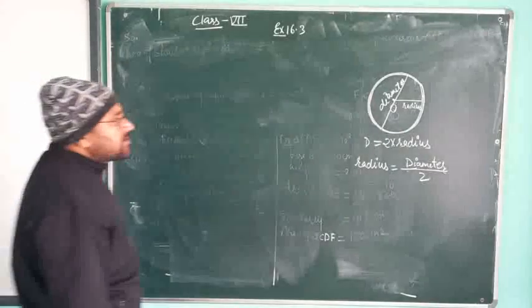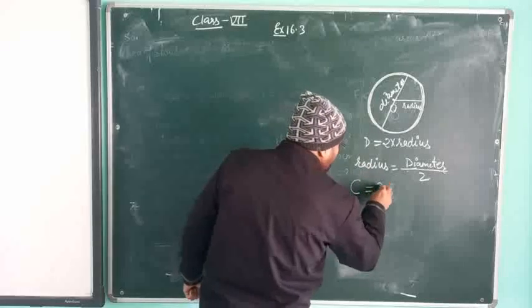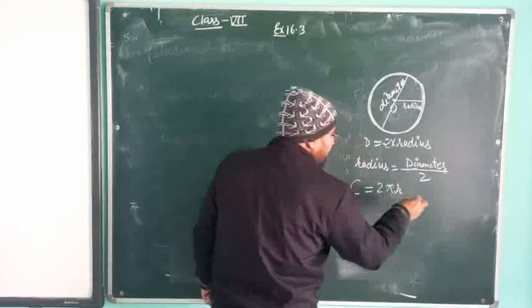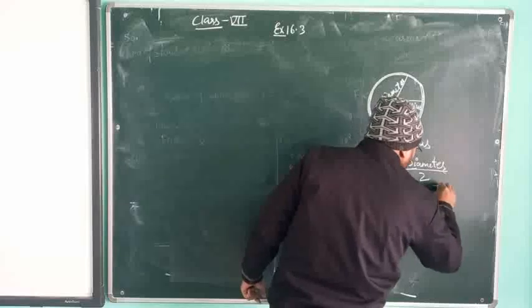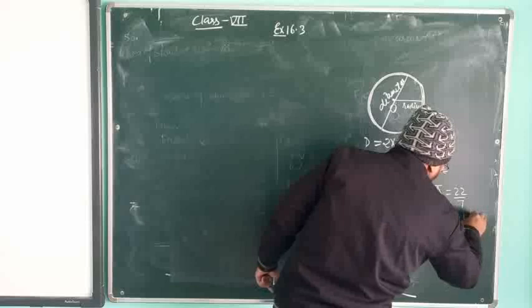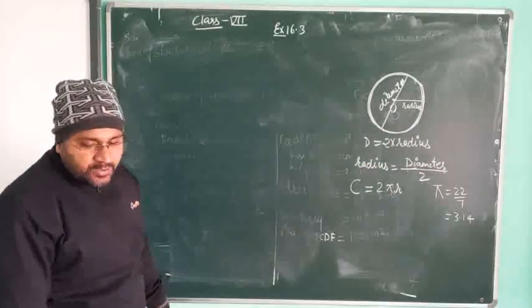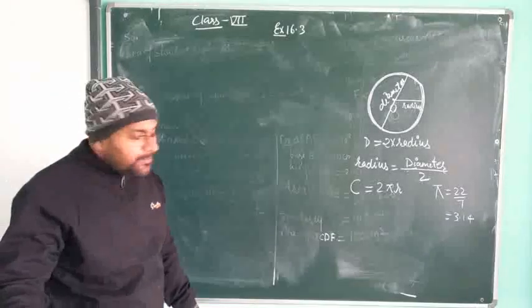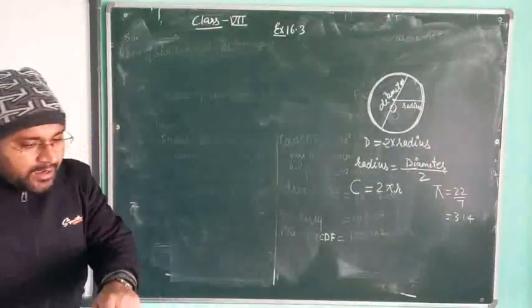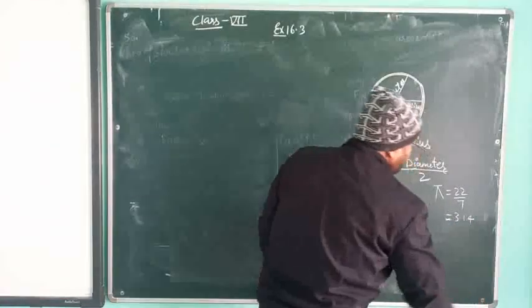The circumference of the circle is 2 pi r. Pi is a fixed value. Pi is equal to 22 by 7, or 3.14, we can use basically 3.14. This value is approximately 3.14.